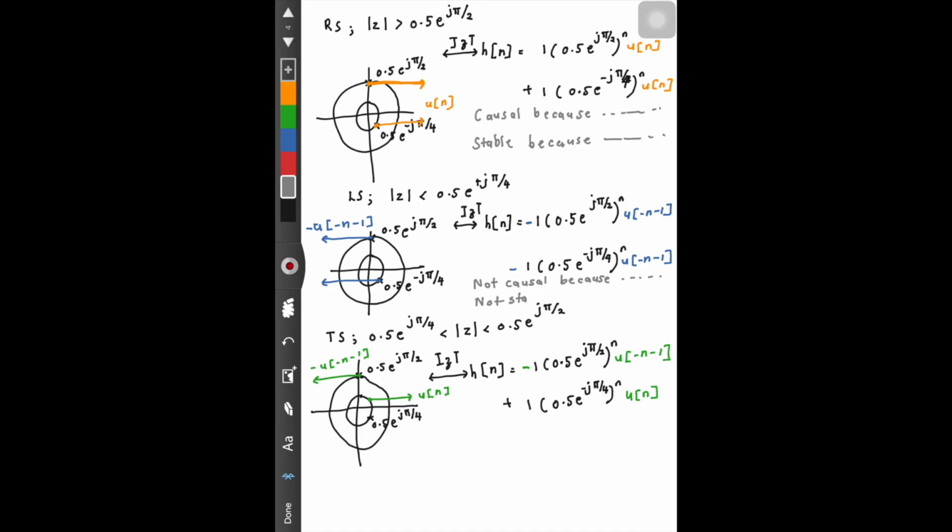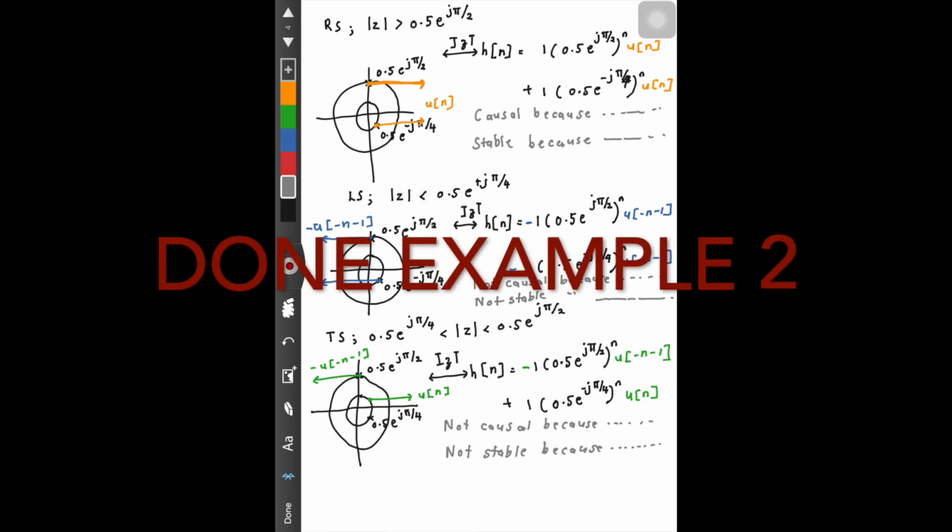Is it stable? Again, not stable because the region does not include the unit circle. For two-sided, it is not causal because it is a two-sided region. It is not stable because the region does not include the unit circle. Okay, done.